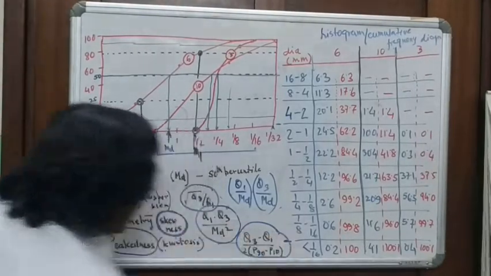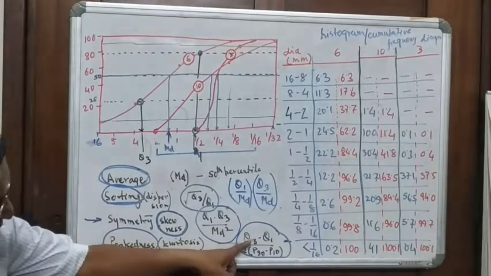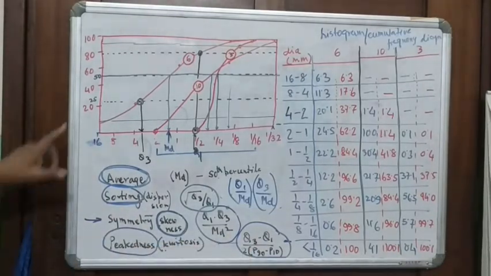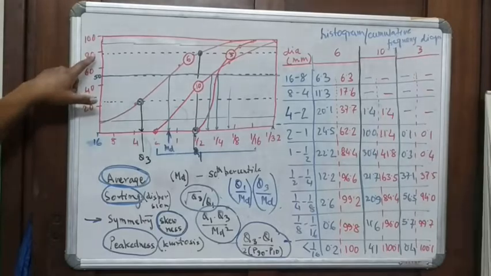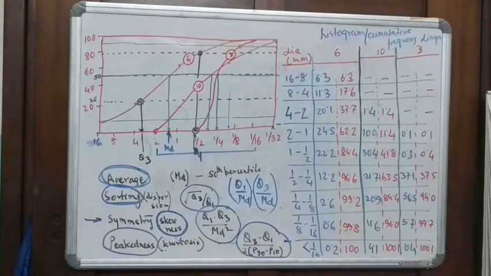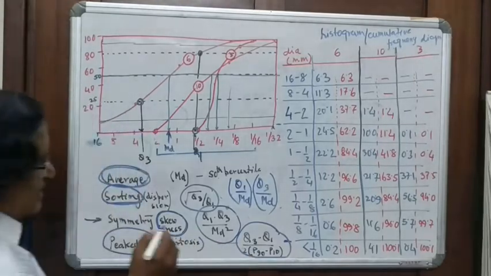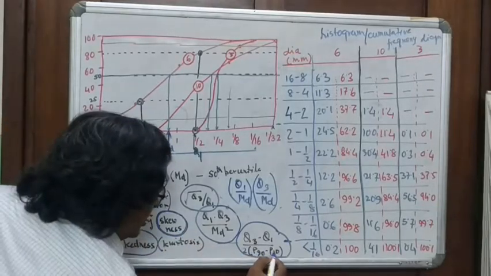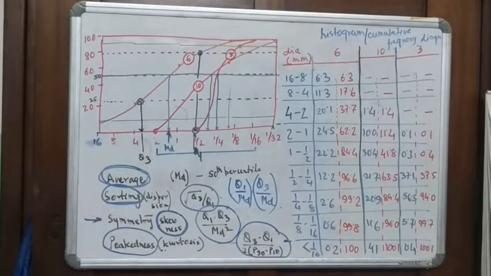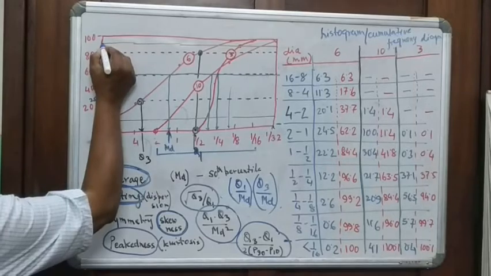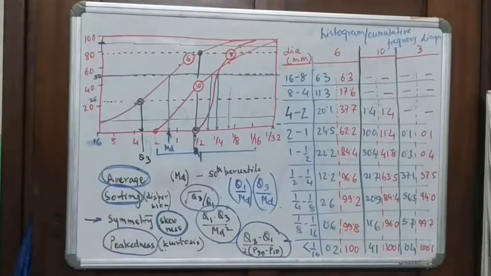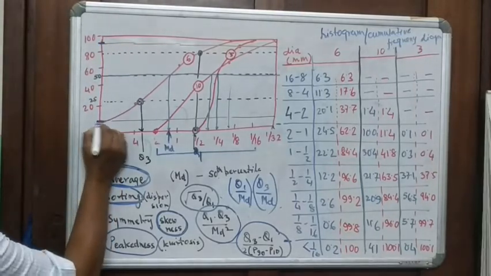Q3 minus Q1, so you get the value Q3 minus Q1 divided by the sizes at P90 minus P10. What is P90? P90 is here, percentile 90, and this is percentile 10.